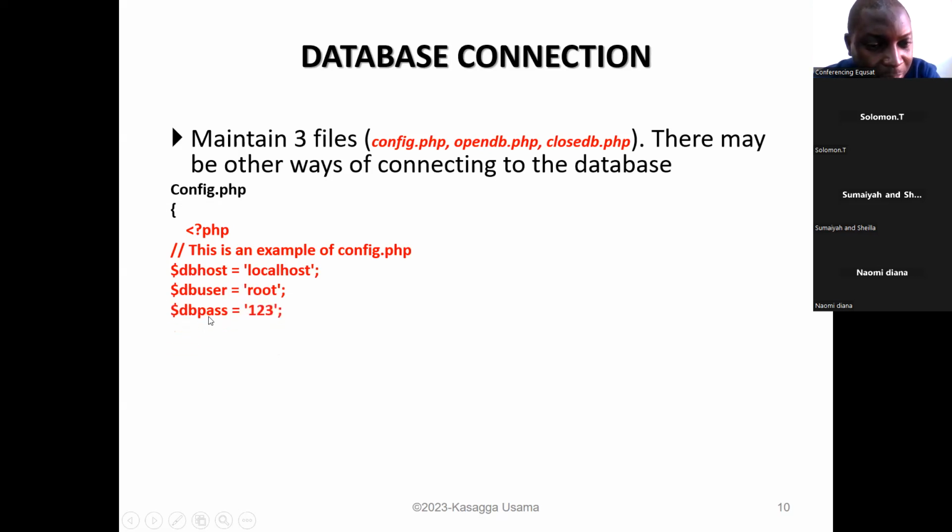Then you have the password. If your password is 123, then you put that particular password that you are using. Then the last one is to specify which database. In this case, I'm going to use a database for our campus, so I will just use this database name. And then once you are done with that, you close. So that file needs only that.